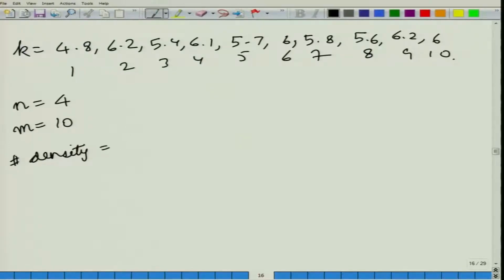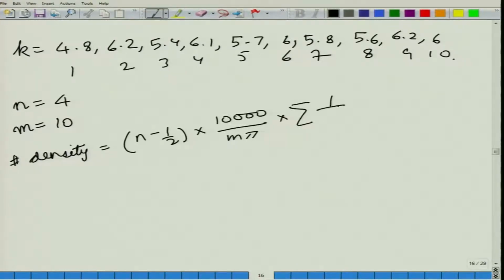is given by n minus half into 10,000 upon m pi into sum over 1 upon ki square. So, this becomes 4 minus half is 3.5, 3.5 into 10,000 upon m is 10, so 10 pi into sum over 1 over ki square.